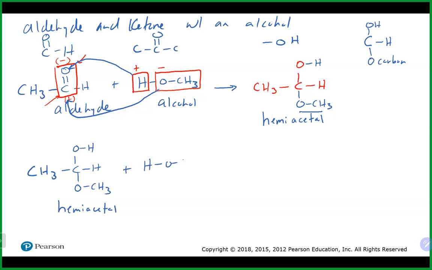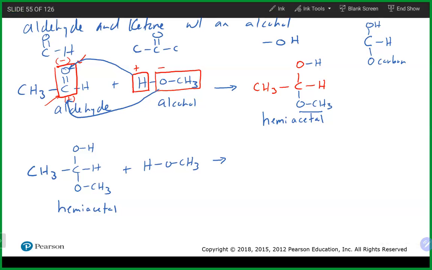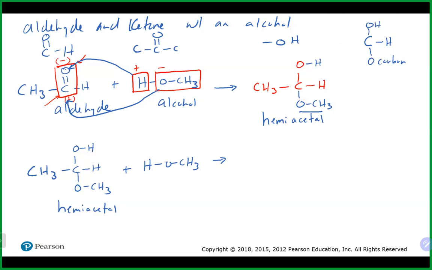It doesn't necessarily have to be the same alcohol, but I'll throw the same one up there. In this case, it's still going to add very similarly to this, except a couple of things are going to be a little bit different. And the thing that's going to be different is if we look at our alcohol, we're still going to add it the same way.